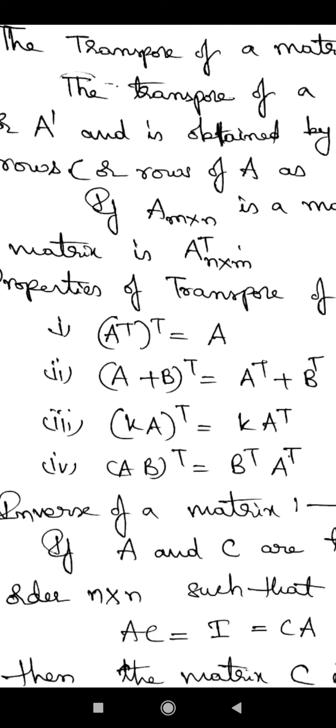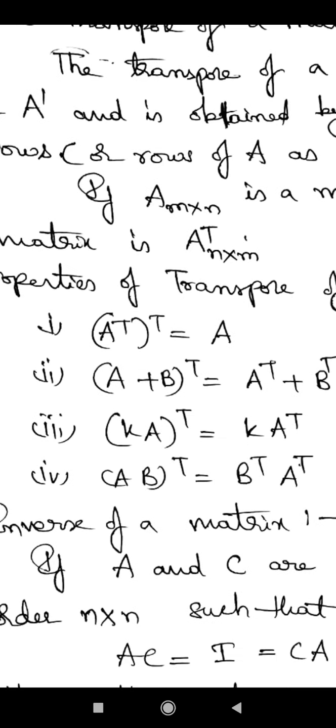And the fourth property says that the product AB whole transpose is equal to B transpose A transpose. This is to be remembered. AB whole transpose is equal to B transpose A transpose, but it is not equal to A transpose B transpose.